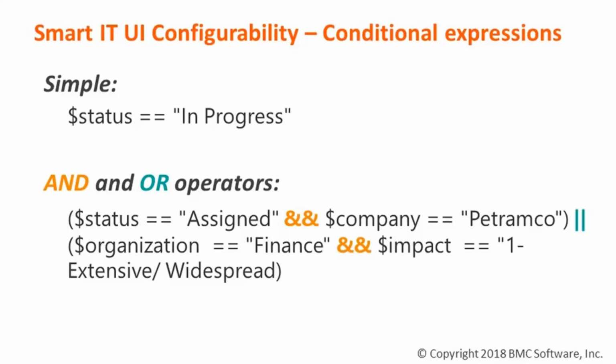We're trying to keep consistent across the BMC stack. So although not quite the same as old mid-tier ones, they are very much in line with other things we're doing. You also have the ability to use Boolean operators in all the ways you'd imagine, and nested brackets and the like. So in this case, I'm showing you how different ands and ors can be combined into a single expression.